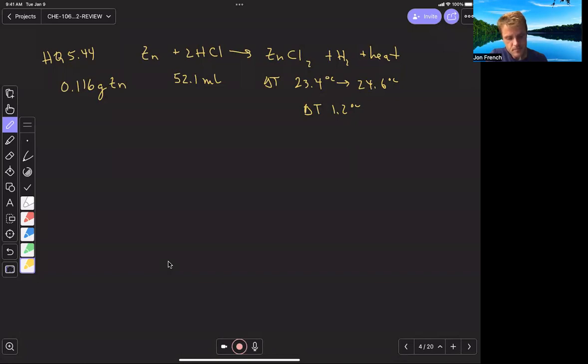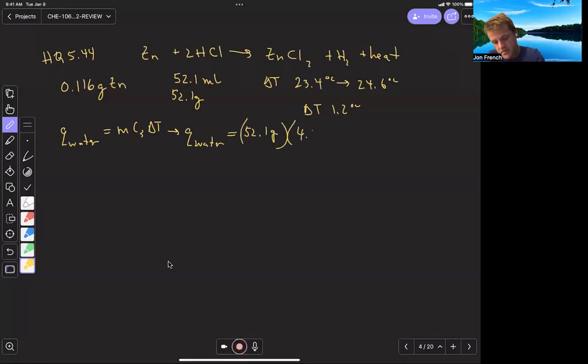So we're going to start with the water, right? Because that's what we're measuring. So Q for the water, right? The mass of water, basically water is 1 gram per milliliter. So I have 52.1 grams of water. Specific heat of water is 4.184 joules per gram degrees Celsius.